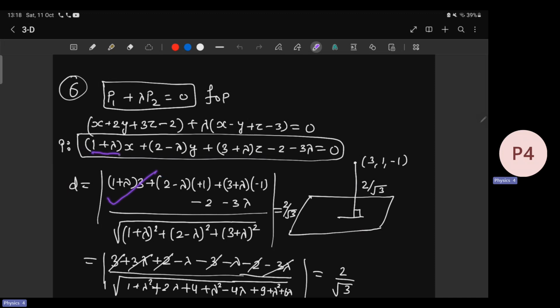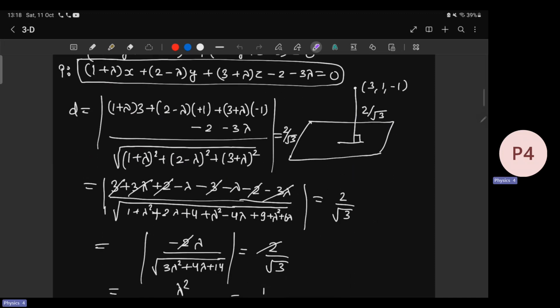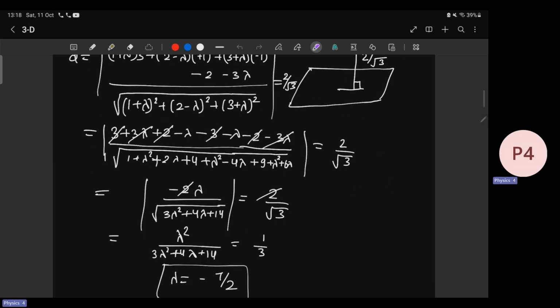This is ax1 plus by1 plus cz1 minus d upon under root a square plus b square plus c square. Just solve it and equate it with 2 by root 3, which is the distance given to us. Now we will get this.